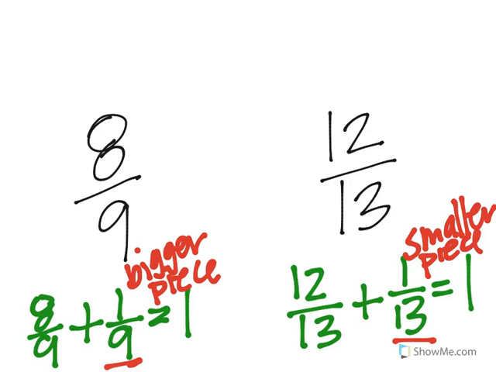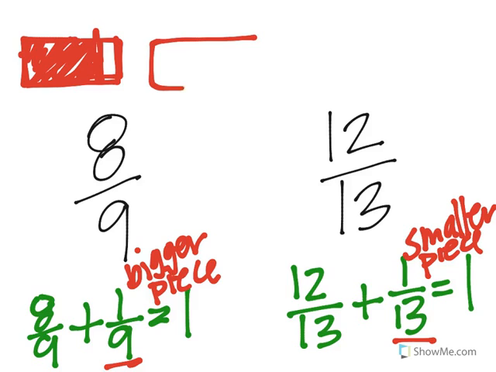And so when I think about filling up a whole, whatever my whole is, if I'm doing it with 9ths and I'm filling it up, a larger piece is missing. Imagine that being this white space, the missing amount, and imagine this other rectangle being the same size whole.